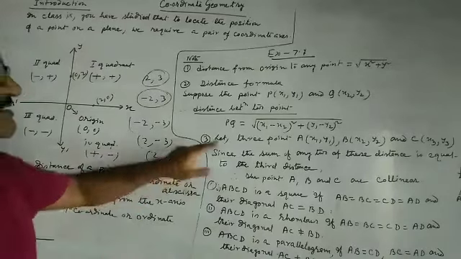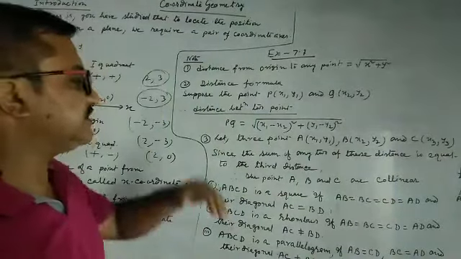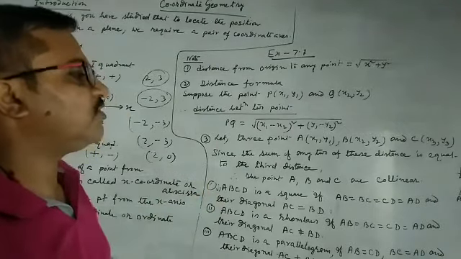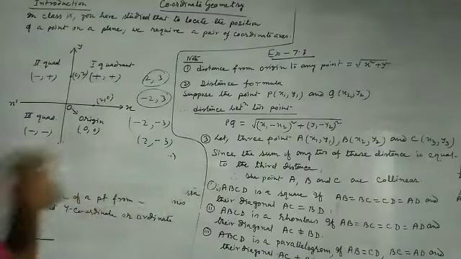Since the sum of any two of these distances is equal to the third distance, the points are collinear. The points lie on a straight line.